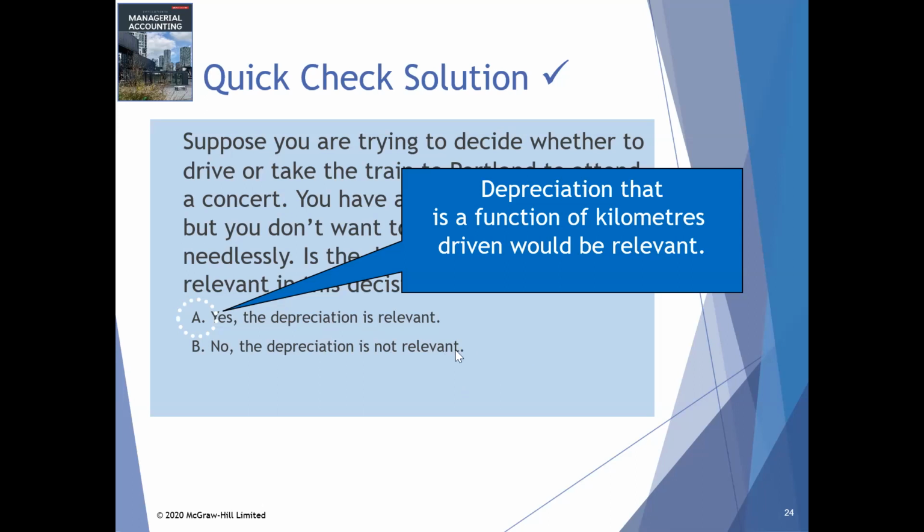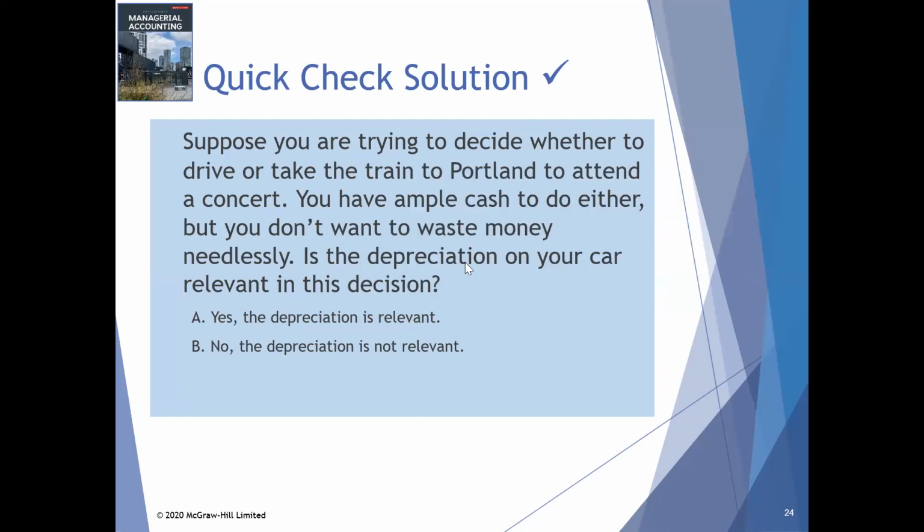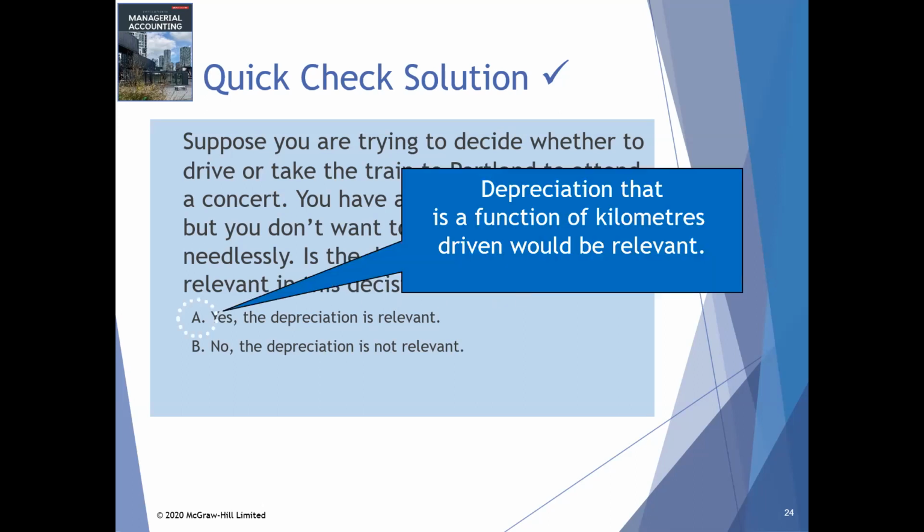Sir, why are the kilometers and the use of the tires not mentioned in the question? Yes, the use of a tire is not mentioned, but look at this question once again. Is the depreciation on your car relevant in this decision? At the time of depreciation, not only the tires count, it counts each and everything.